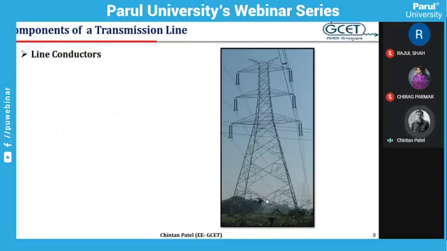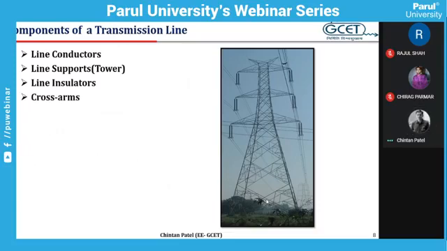Important components of the transmission line are the line conductors, line supports, that means towers, the line insulators and cross arms, earth wire, sometimes known as lightning arresters, and vibration dampers.